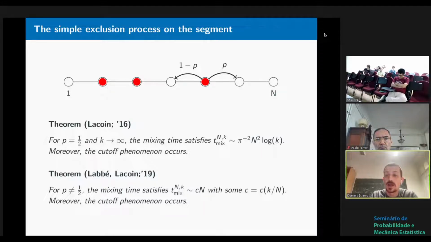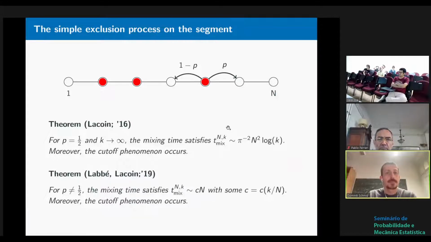So whenever this ratio converges to some constant alpha, this constant c, which determines the leading order of the mixing time, will only depend on that ratio. And you see here again, in the biased case, the mixing time is much smaller compared to the symmetric case.